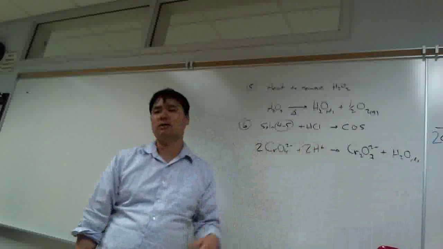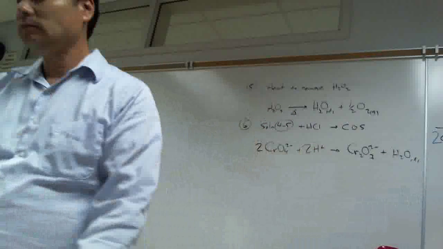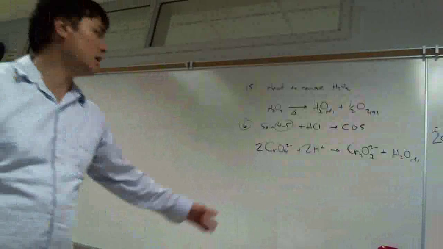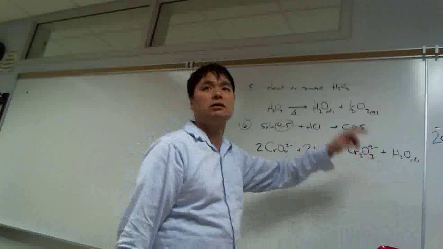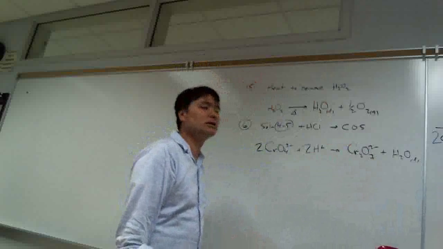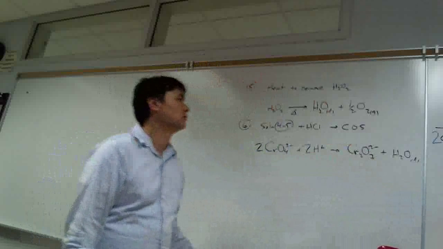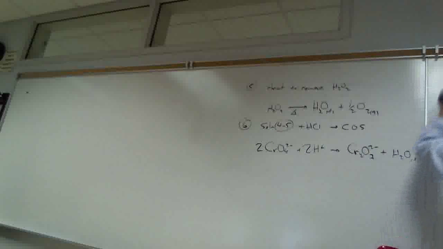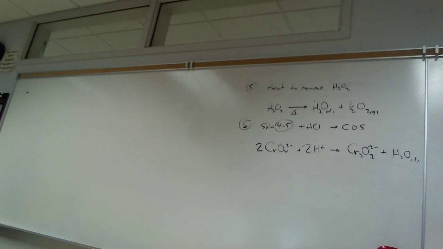What kind of reaction is this? Not a redox reaction, because the oxidation states don't change. So if it's not a redox, what is it? Acid-base. Exactly. This is an acid-base reaction.